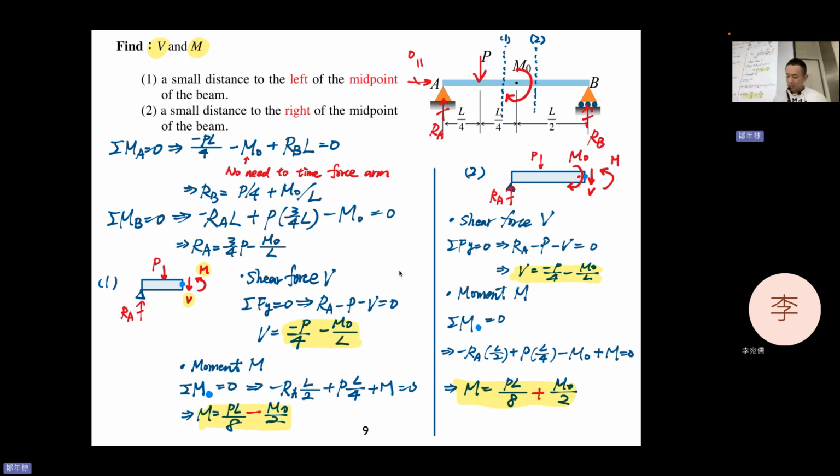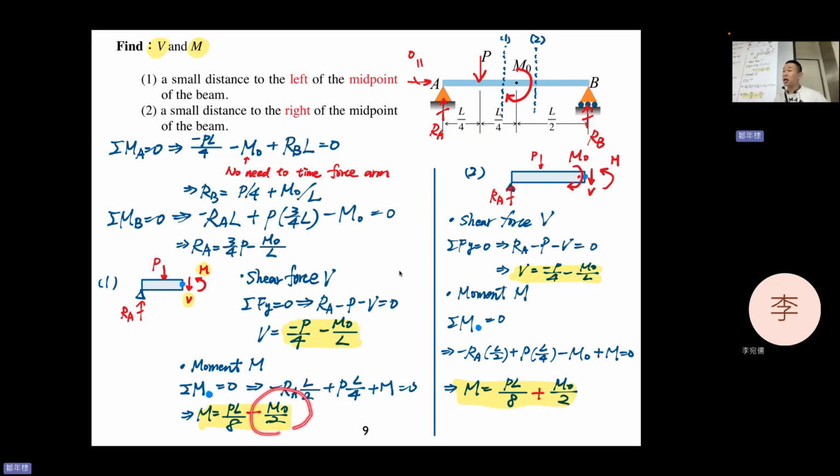Okay, so you see minus and plus. Did you notice that? If we apply a moment like that, clockwise M0, it will make the M here become more. What's the difference?